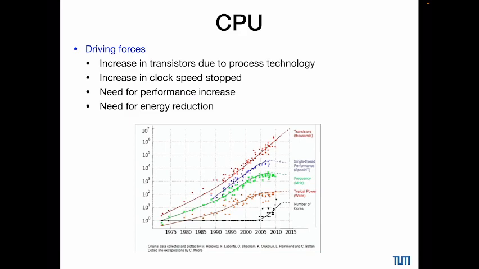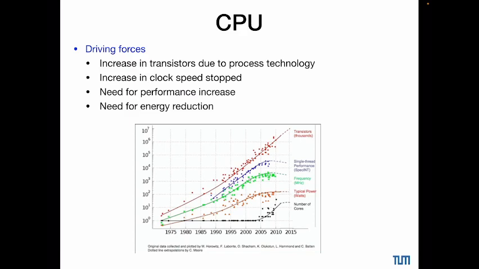Right. So what to do then with the additional transistors that we have? Yeah. So actually, this is a trend that also started here in 2005. That actually we add more and more cores to the silicon. So cores in the sense these are little CPUs that are together on the silicon on the socket, yeah, and they can execute work independently.